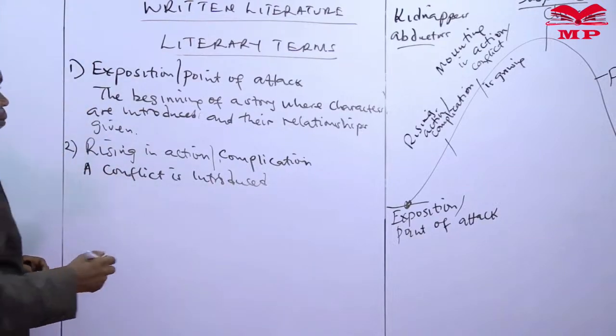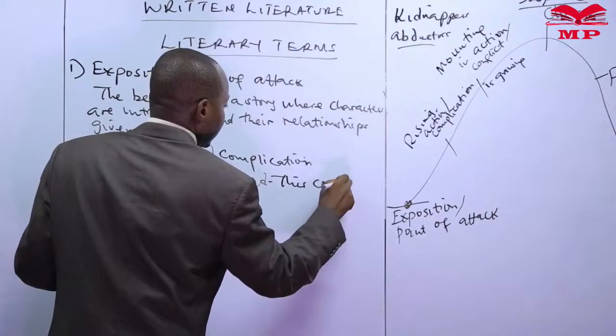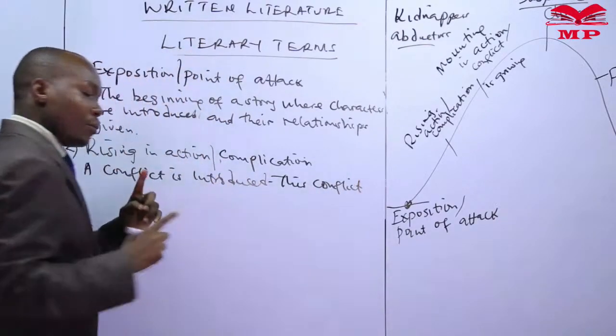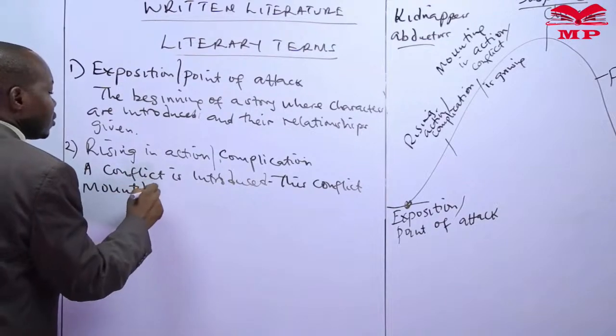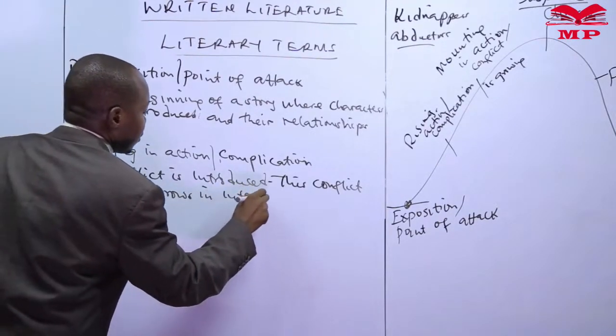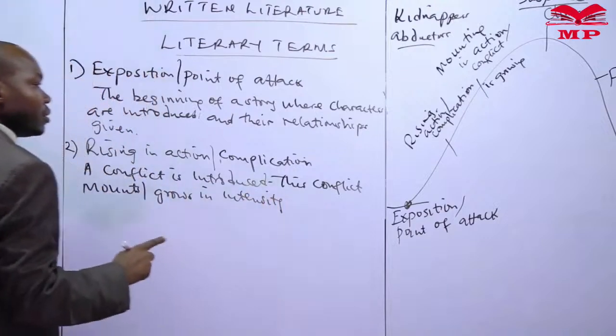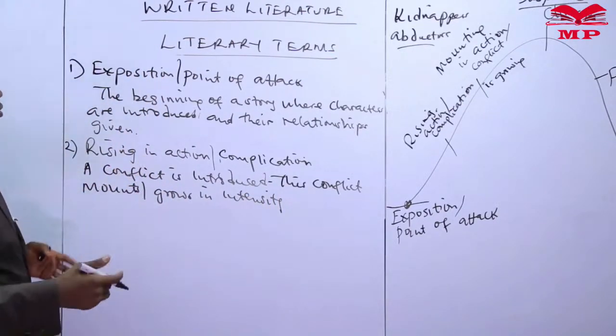This conflict mounts in action. Mounts means grows in intensity. That's the complication.